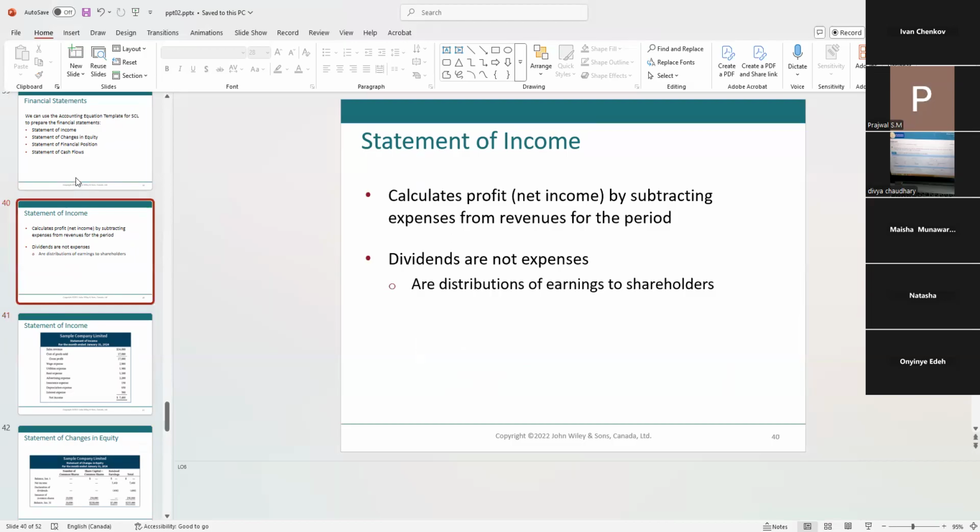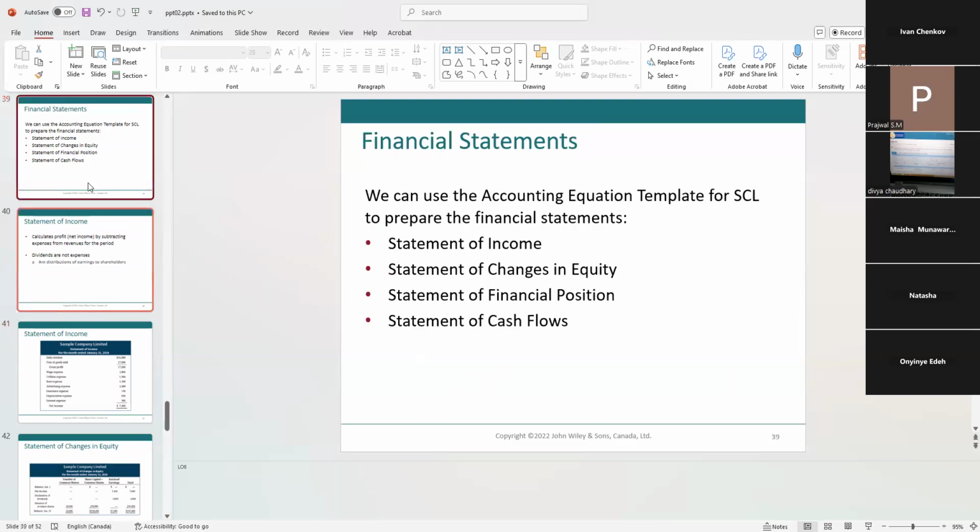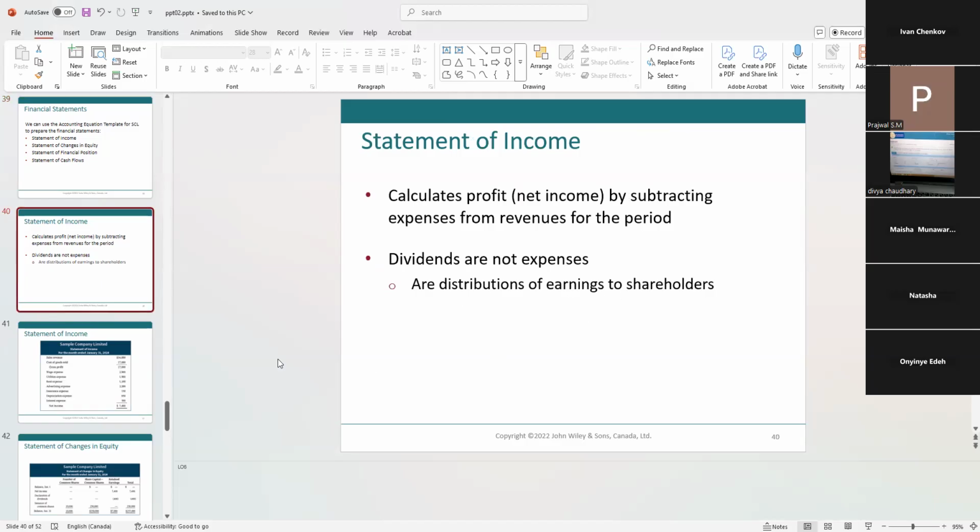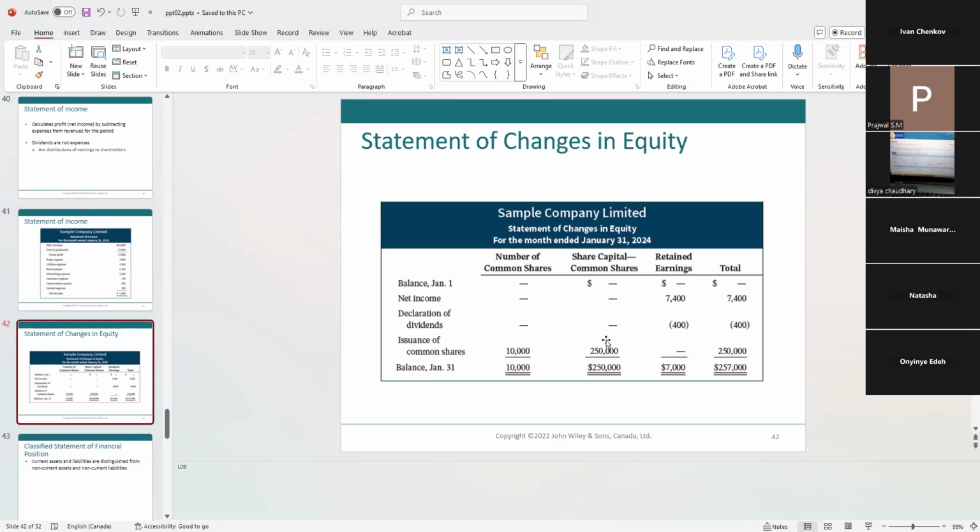After we do that, we want to see the statement of changes in equity. Means what's happened with the shareholders' equity. It starts with balance zero. Shareholder invested $250,000. The company generated $7,400 for the period.